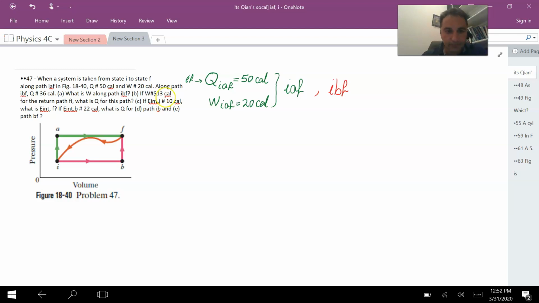So, along path of IBF, Q is 36 calorie. What is work done along path of IBF?